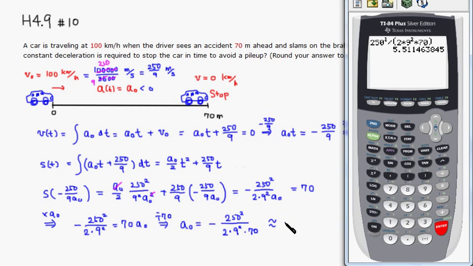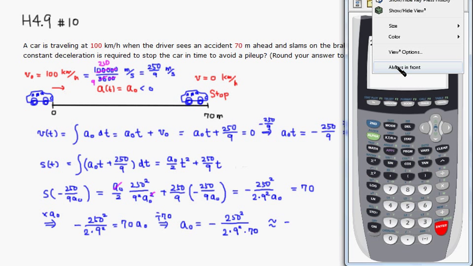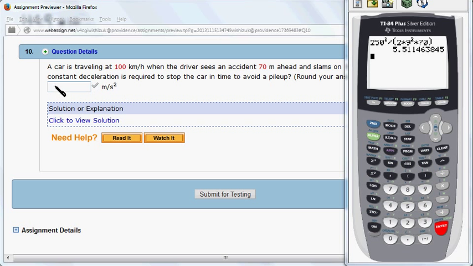So this is negative, about 5.51. Let's type this in. The answer was negative 5.51. Let's check the answer. It came back and looks like we got this one correctly. That's it. I hope that this was clear.